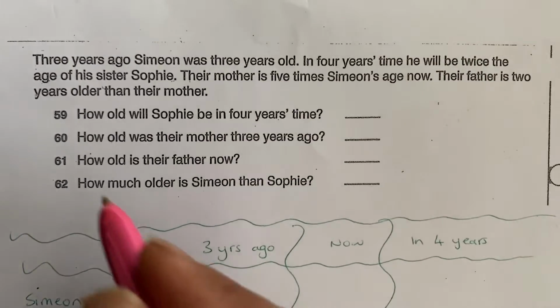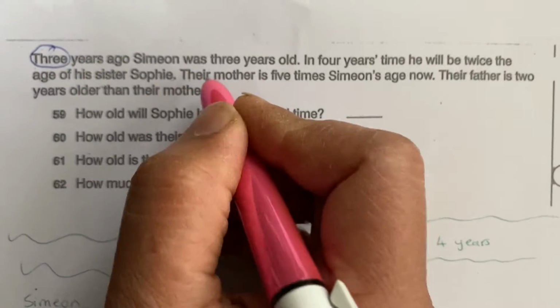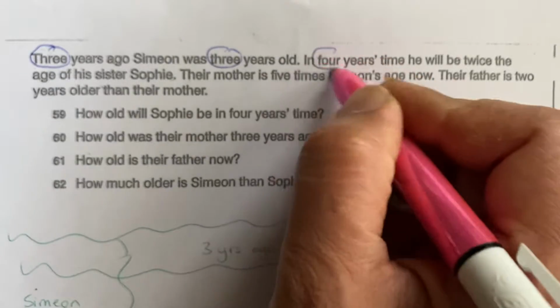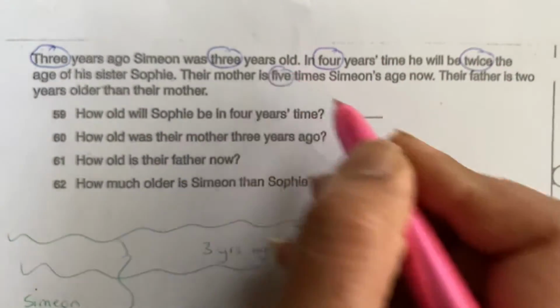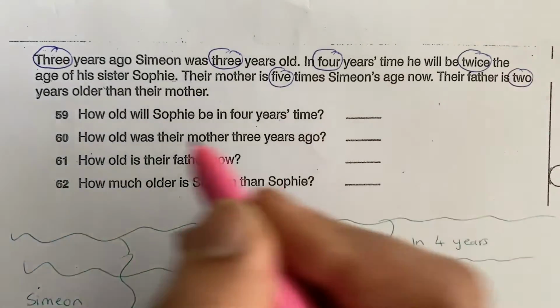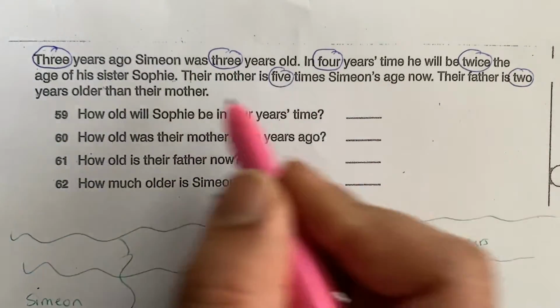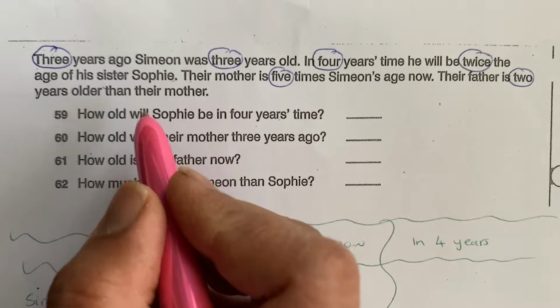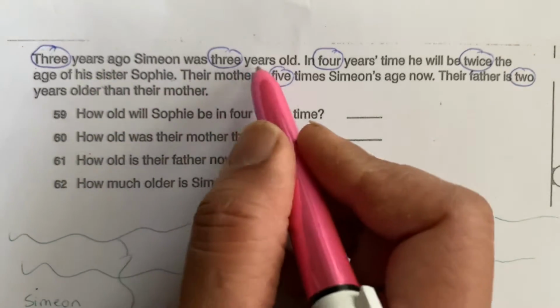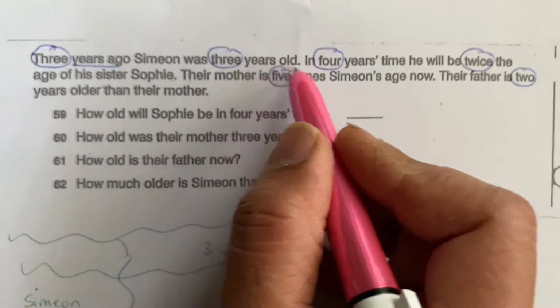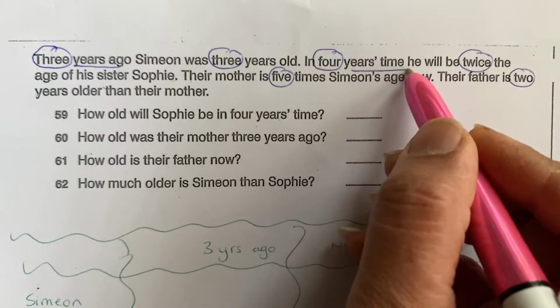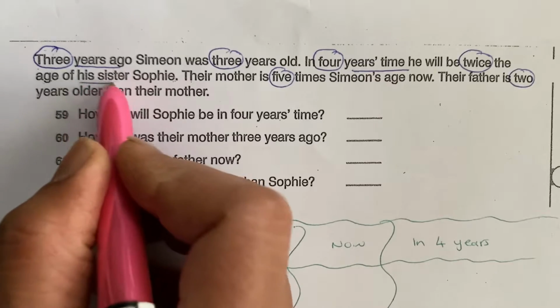What we're going to do first is circle all the numbers, because this helps us to extract any key information. So I just hunt through and look for the numbers. Then I'm going to underline any key facts. So 3 years ago, in 4 years' time, he will be twice the age of his sister.